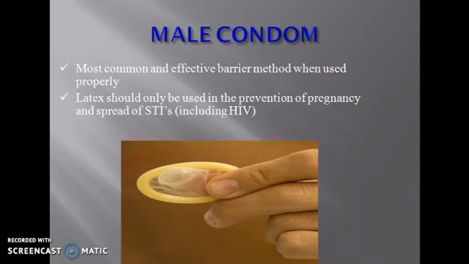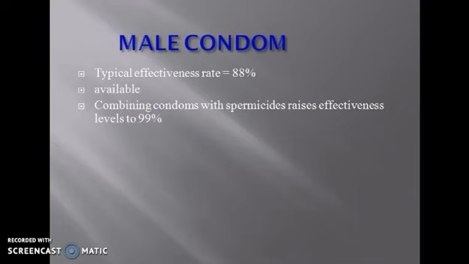Latex should be used in the prevention of pregnancy and the spread of STIs, including HIV. So when you use a condom, it not only prevents pregnancy but also prevents the spread of sexually transmitted infections, including HIV.